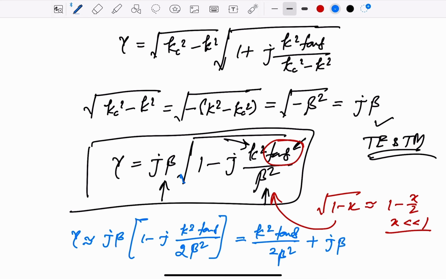And finally you can equate it with alpha d plus j beta.